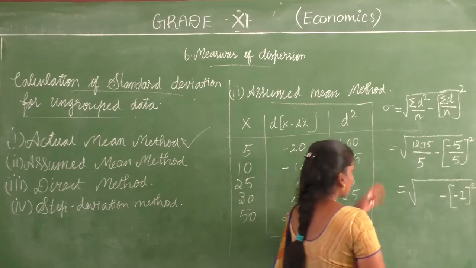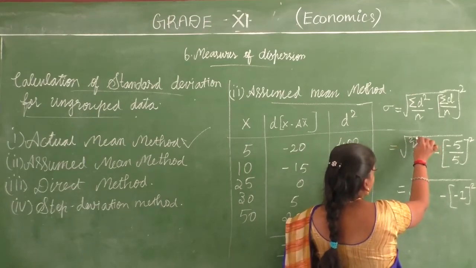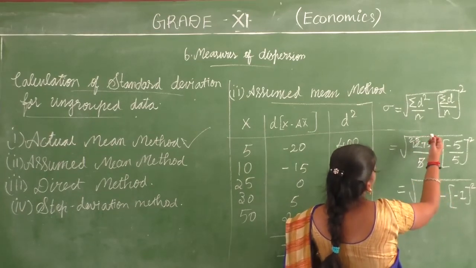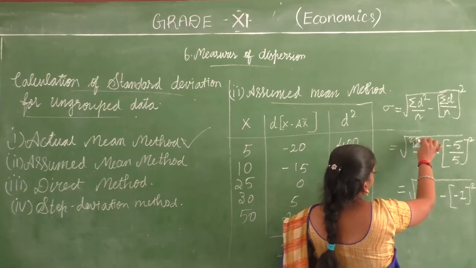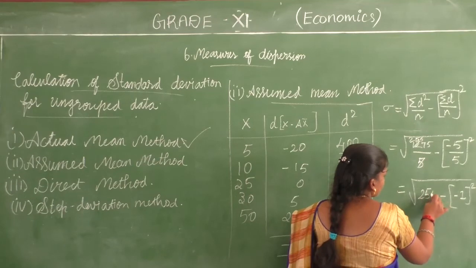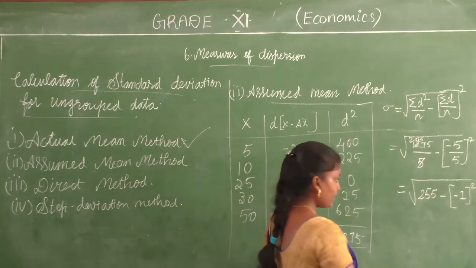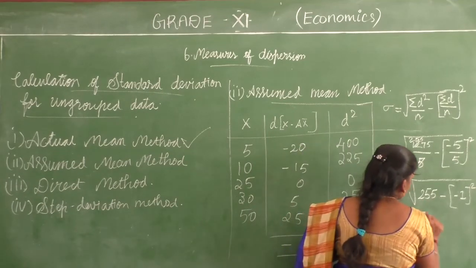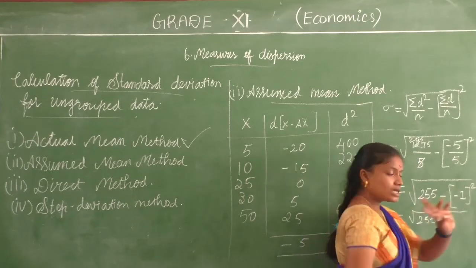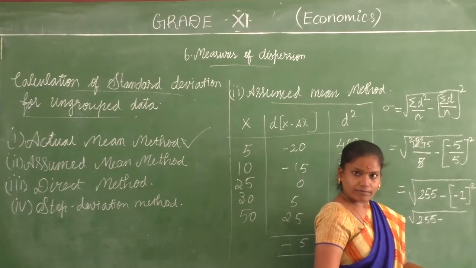So here what will you get? 1275 divided by 5 gives 255. What happens next? Root of 255 minus, be very careful, minus 1 squared is plus 1.